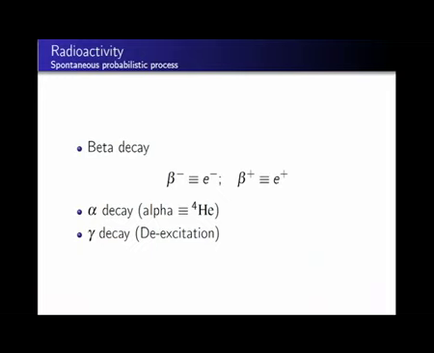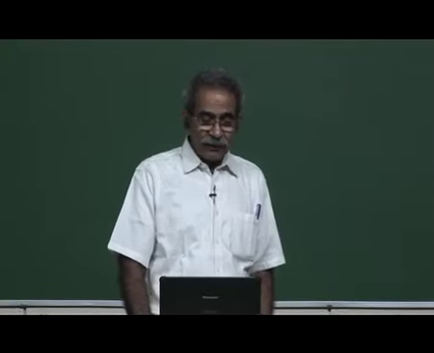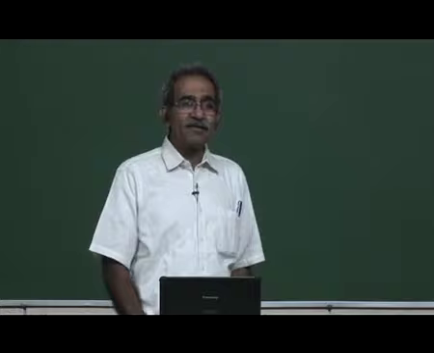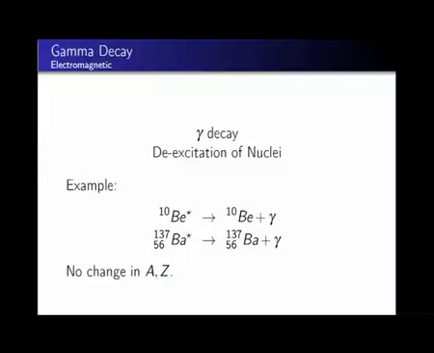Is that okay? So, the notation is beta minus is electron, beta plus is positron. Alpha is nothing but the so called helium nucleus, and gamma is nothing but your photon. That is what we have, and let us see what is happening. The first thing that we have to look at is the gamma decay, because that is the simplest.